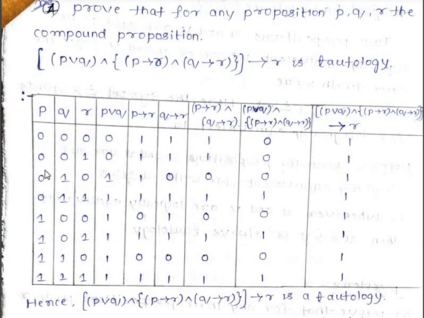So these are the values 0 0 0, 0 0 1, 0 1 0 and so on. P or Q, P implies R, Q implies R. We have to consider the innermost part first: P implies R and Q implies R. Then P or Q and P implies R and Q implies R. So this one and this one you have to take here.